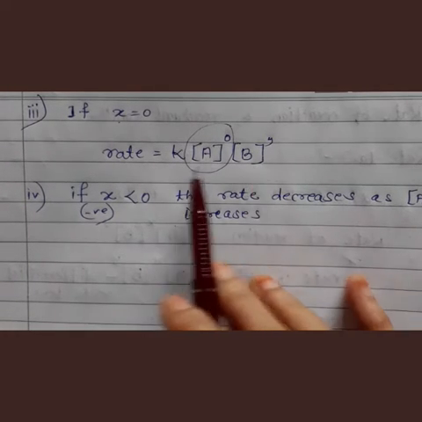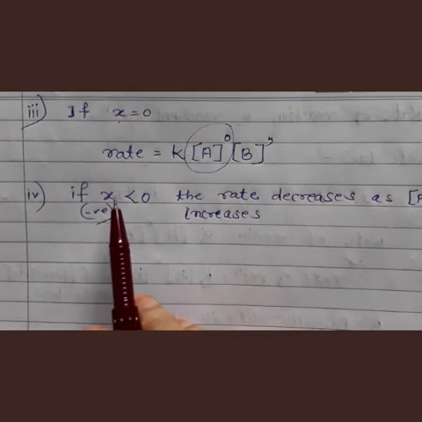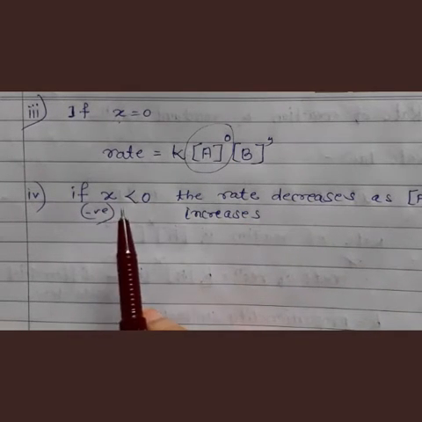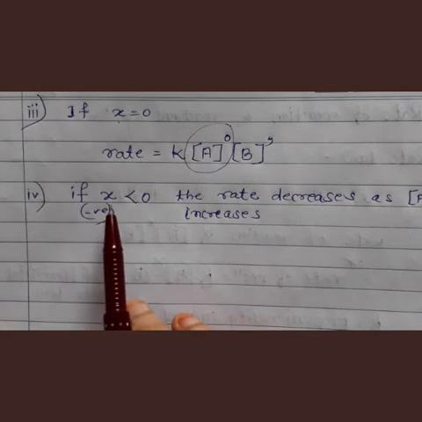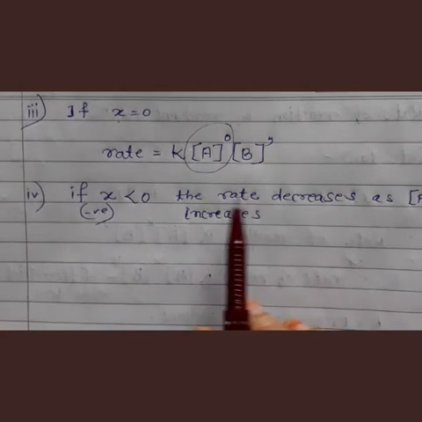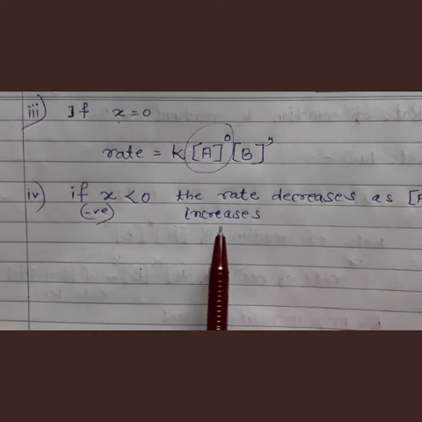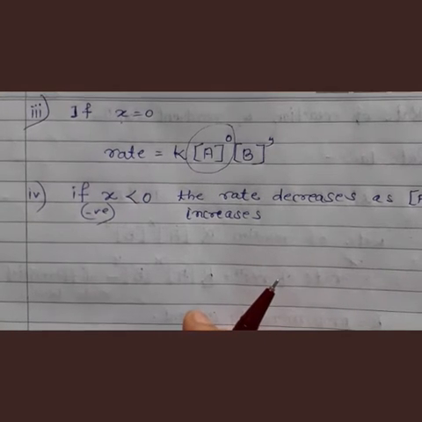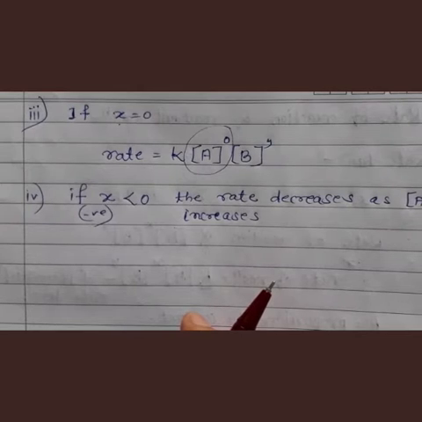Okay, the concentration of A will increase, but the value of x is less than 0. In that case the rate of reaction will decrease. So what we can say is, if x is smaller than 0, the rate decreases as the concentration of A increases. Okay, so these were the 4 possibilities which affect the rate of reaction.